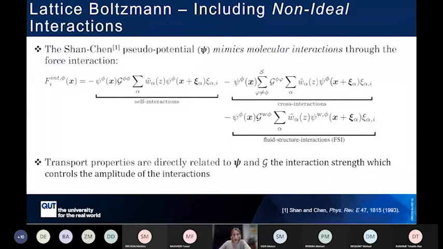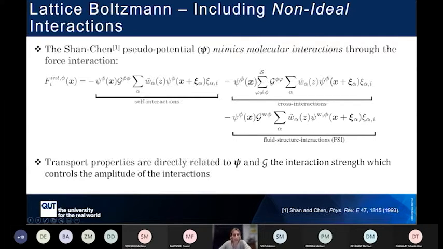Now that we've got our high order lattice Boltzmann, we also want to include non-ideal interactions. As I said, what we want to look at is complex fluids, complex mixtures, and non-ideal mixtures. So we are using the Shan-Chen pseudopotential that mimics the molecular interaction. For that, we've got this force interaction term that involves the self-interaction and cross-interaction, and then we can also add the fluid-structure interaction if we've got walls.